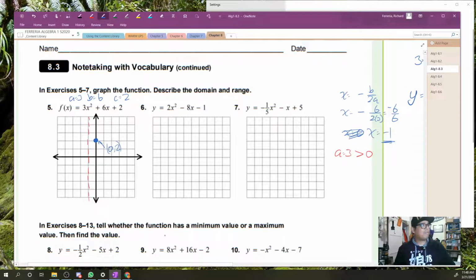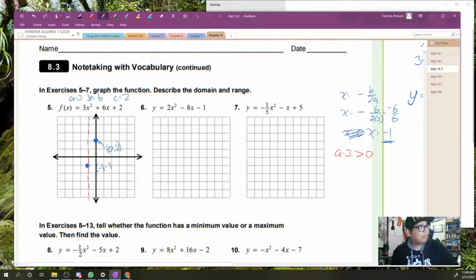So that means I have my vertex over at negative 1, negative 1. The next thing I'm going to do is, let's see, I know that this is not something that you guys talked about in the packet so far, but I know that this parabola is symmetric about the axis of symmetry.